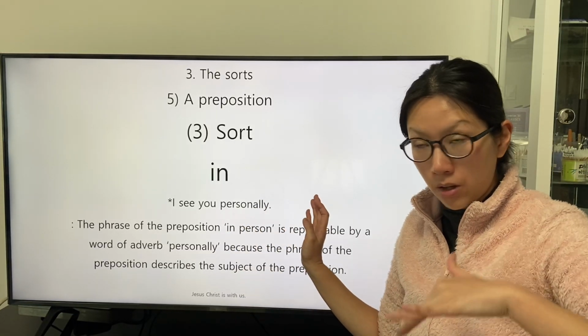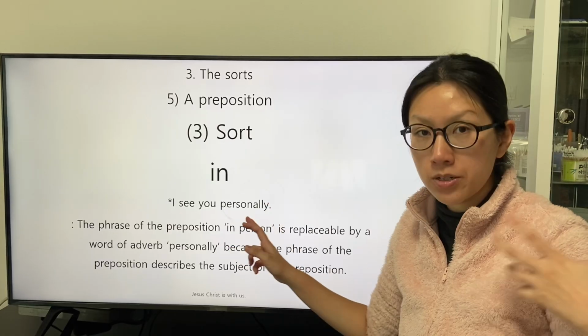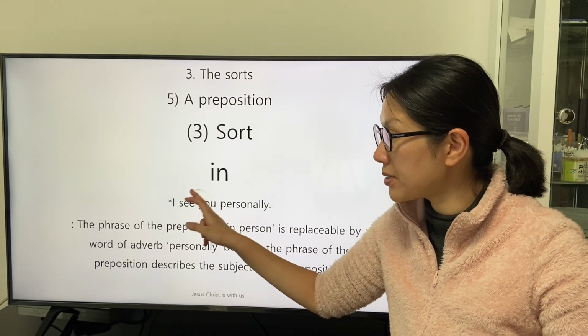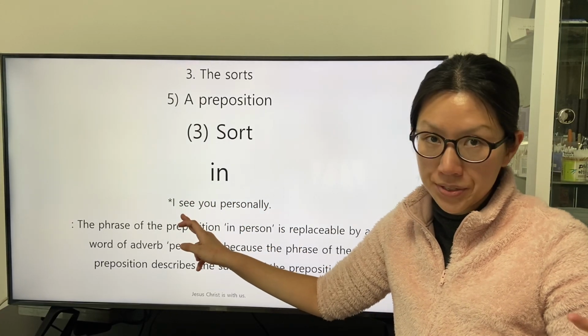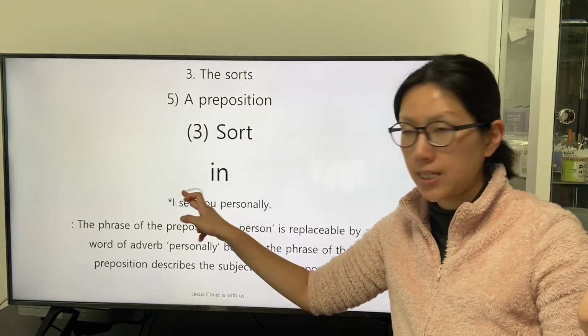In this clause, the adverb personally describes the definition of the transitive verb directly.